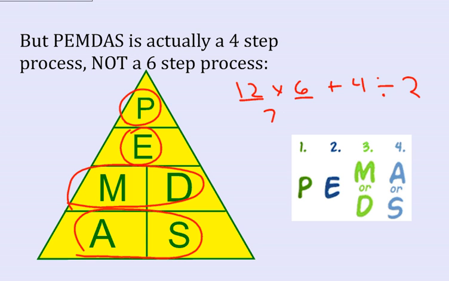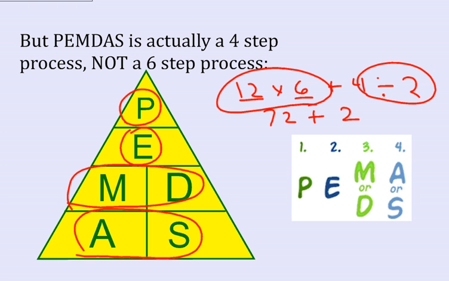So that's going to be 72. But then I got to do 4 divided by 2 at that same time. I can't just add 4 then divide by 2. That doesn't work. So that's 72 plus 4 divided by 2, which happens at the same time, so then my final answer would just be 74.